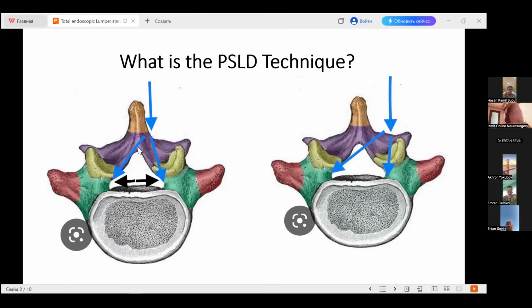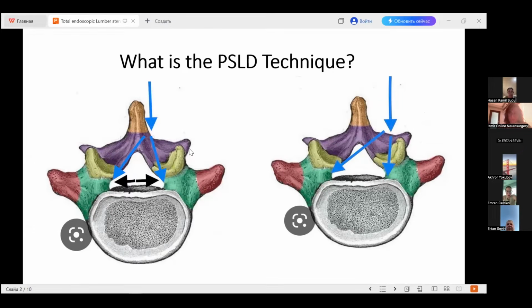I don't do it like this. With this technique we have to preserve both facet joints, because for our spine the facet joint is the more important part. That's why during surgery we have to preserve this joint, and I think this technique is very good.